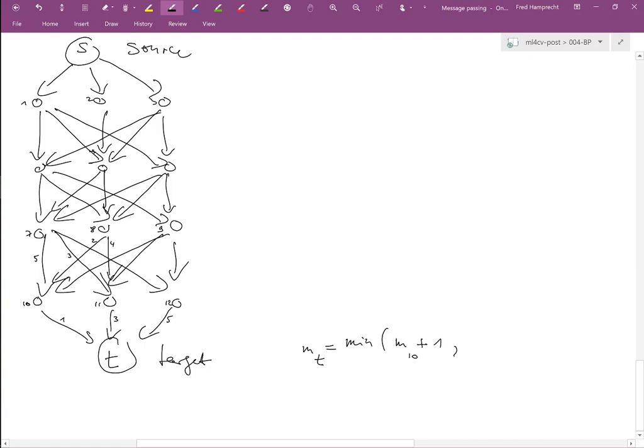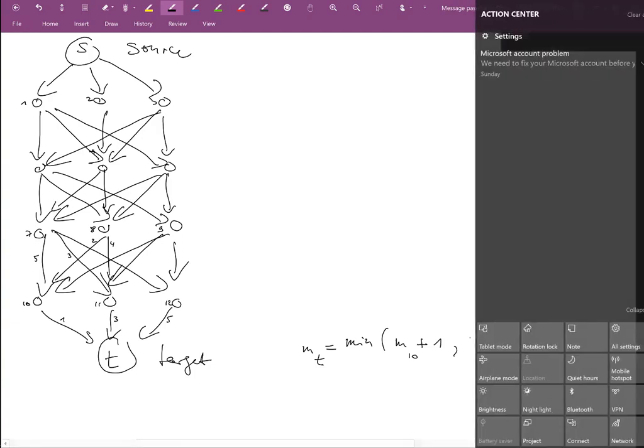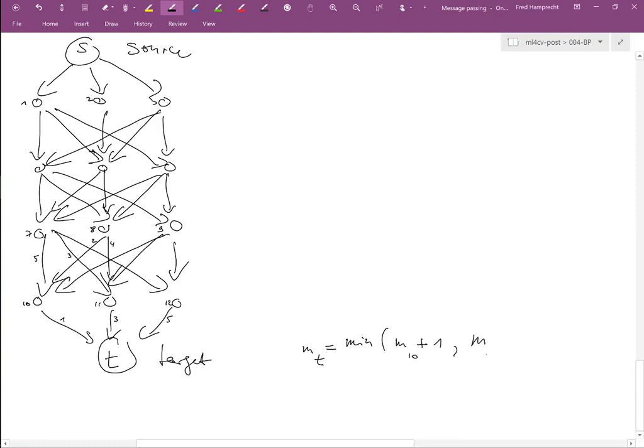Or, can you continue for me? I need to pay at least the cost of reaching node number 11, the minimal cost to reach node 11 plus 3, or the minimal cost of reaching node 12 plus 5.